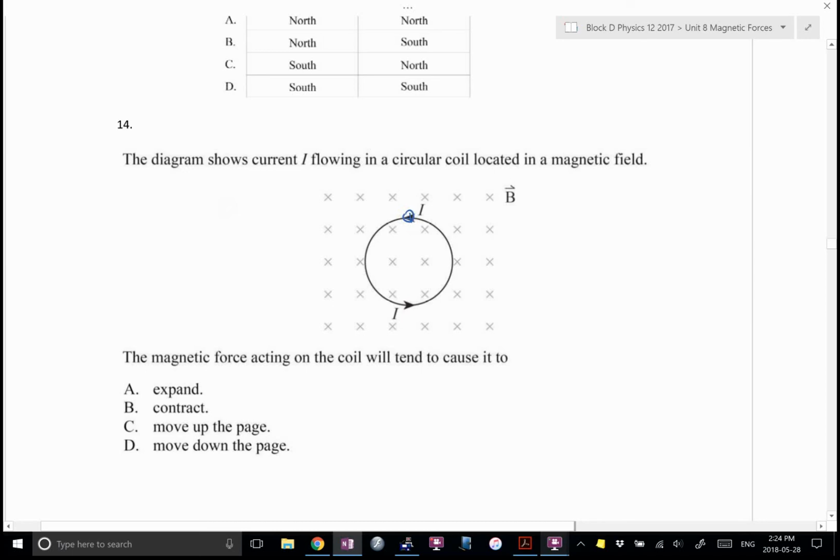Which way will that positive right there feel a force? Put a little positive right here on the left. Which way will that positive feel a force? Put a little positive right here. Which way will that positive feel a force? What's this ring going to do? A, B, C, or D?